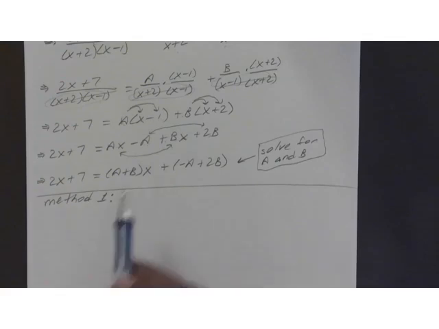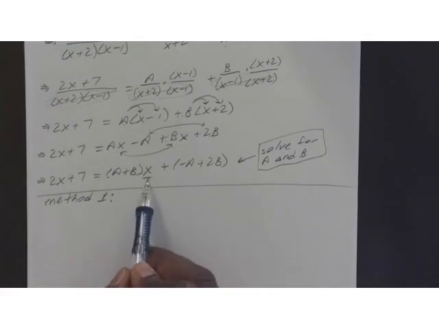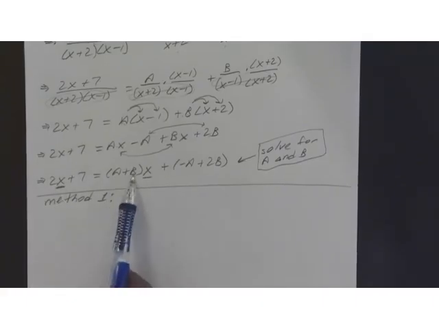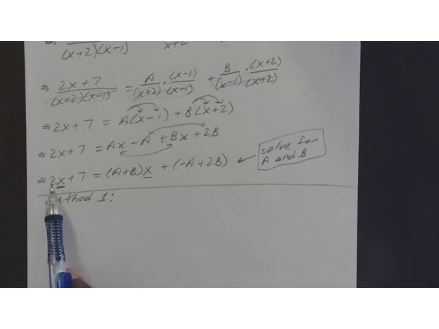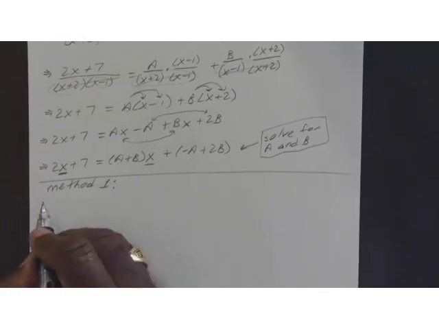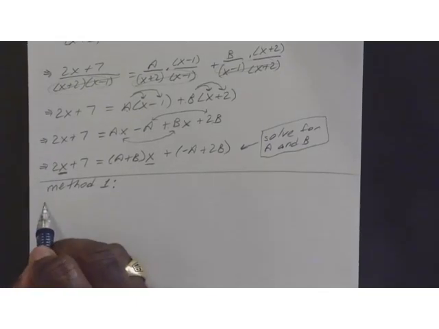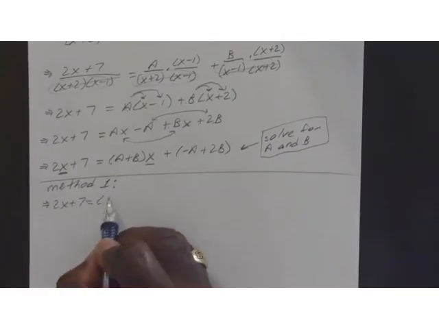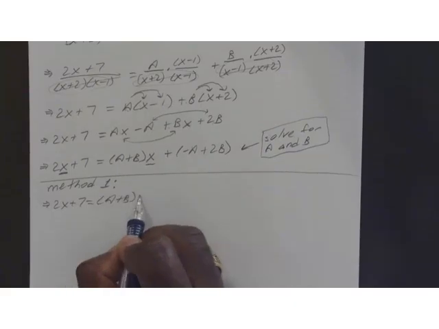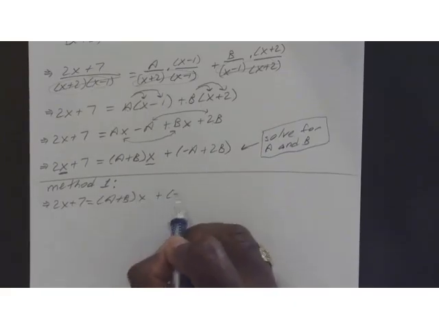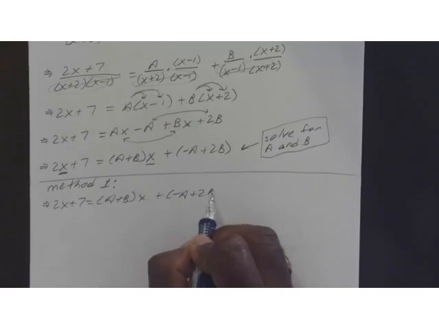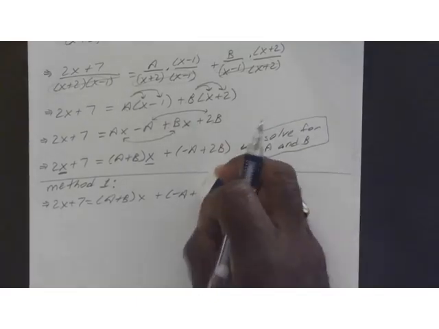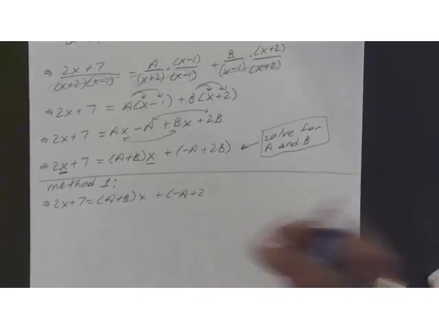Okay, so we can see here that for this x term to be equal with this x term, that means a plus b would have to equal 2. So I'll just rewrite it. 2x plus 7 equals a plus b times x plus negative a plus 2b. Just rewriting that so I can mark up this one instead of the original.